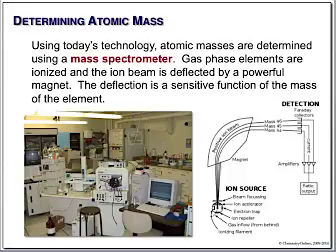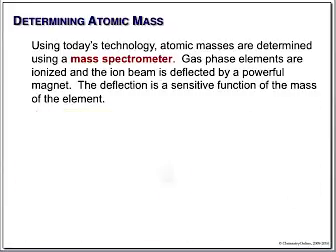The ions are then moved through an electrical grid, which accelerates them, down this little tube to a magnet. The magnetic field bends the beam, but the amount that the beam bends depends upon the mass. It comes out the other side, and you can analyze based on how much it is bent what the masses are. The technique is actually amazing.